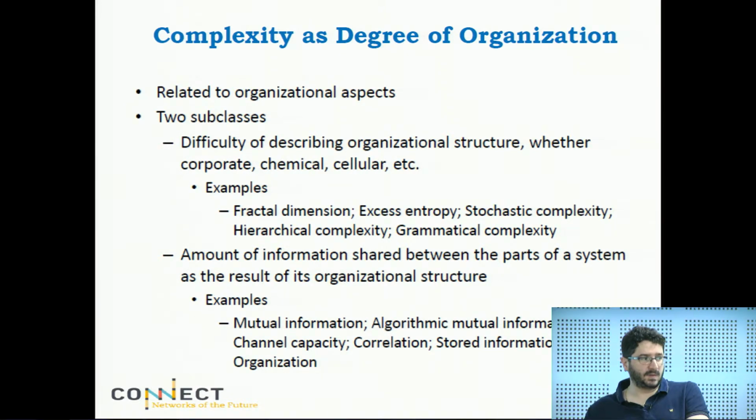Another thing we are interested in: there are two subclasses of this degree of organization complexity. Another one is the information shared between the parts of a system as a result of the organizational structure. What I mean is how you actually exchange information, how you signal information, something you could measure, and things like mutual information are pretty much about that.